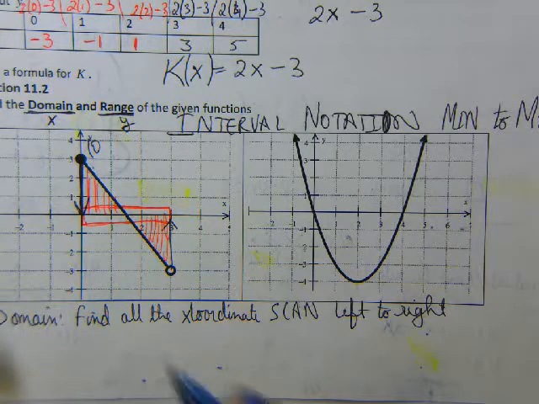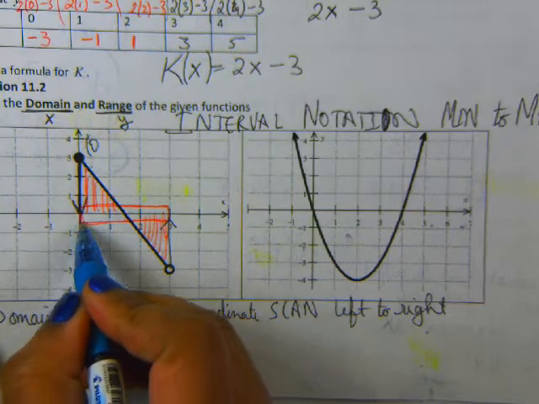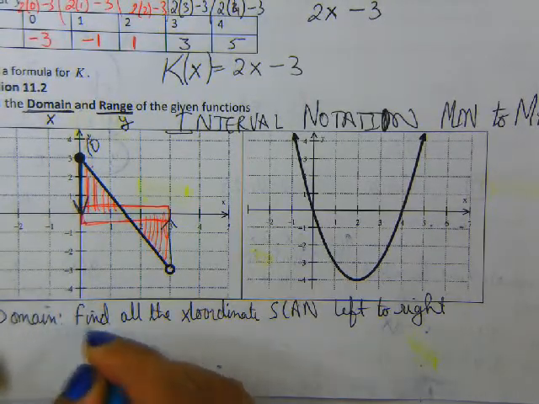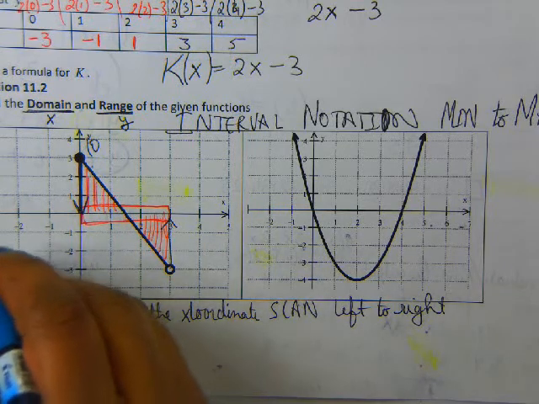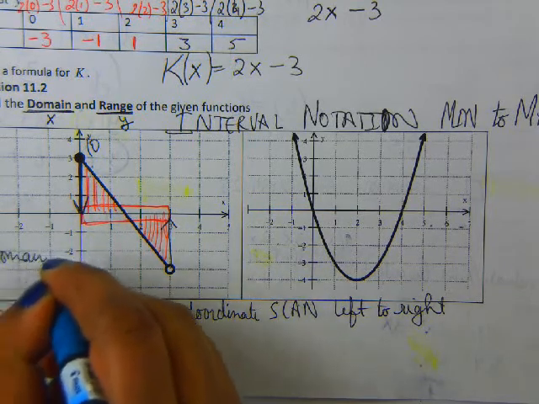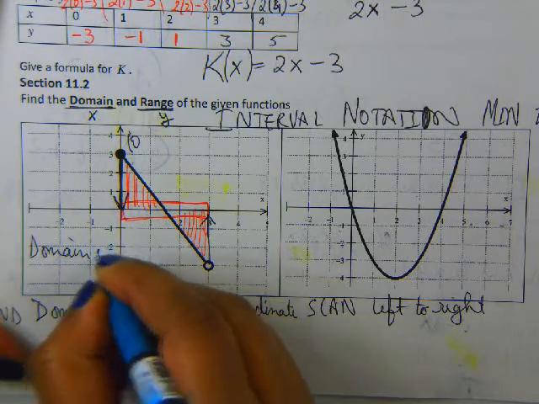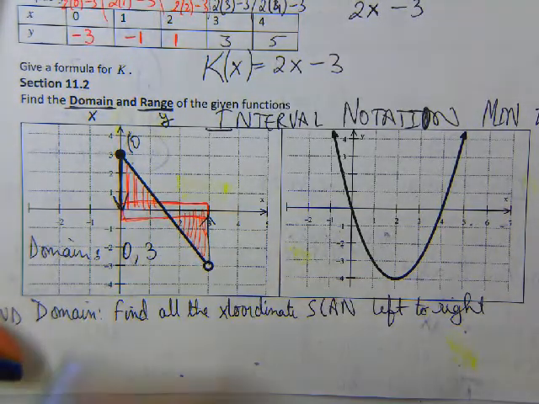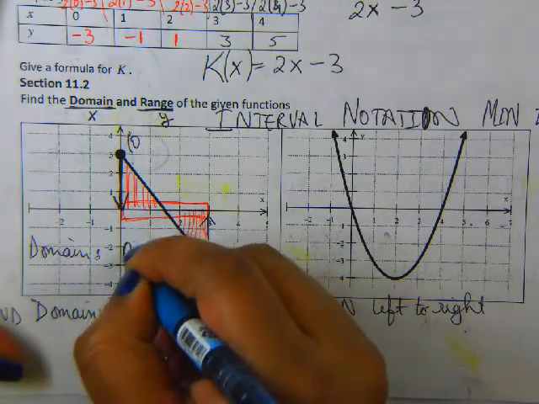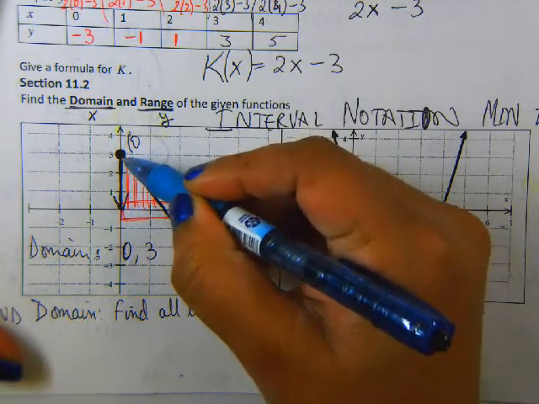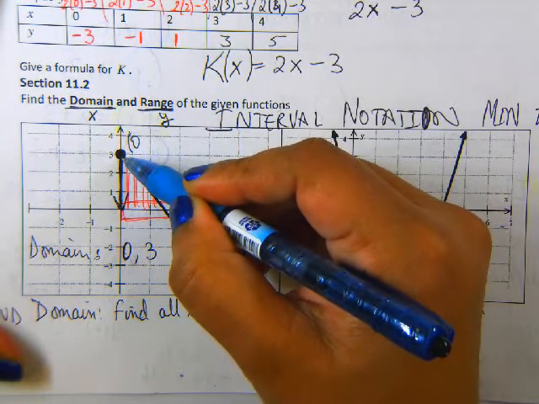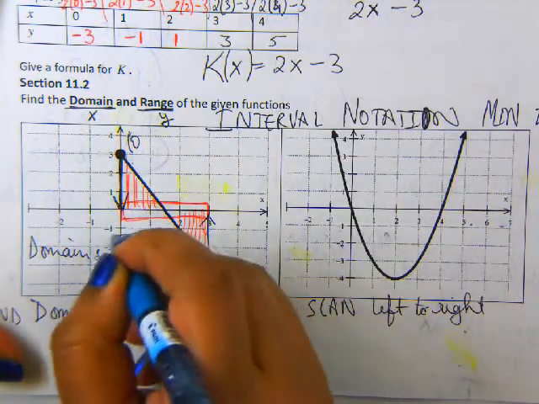Okay, so for the first case, my domain would be what? So for this one, what would be my domain? My domain starts at 0, ends at 3, right, the x coordinate. And if you look at 0, what is it associated with? Solid. So I will be putting solid.